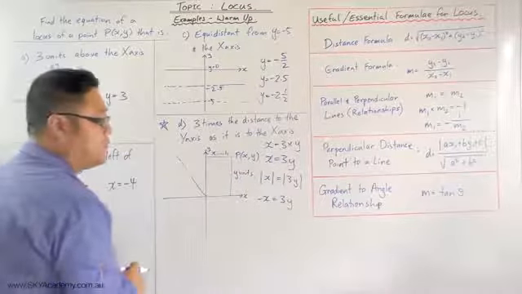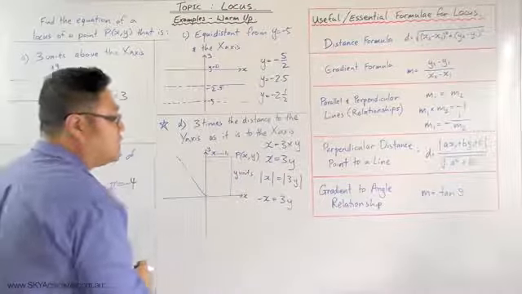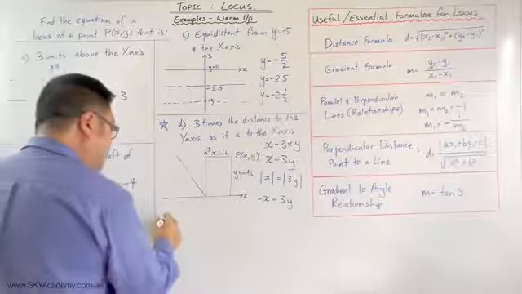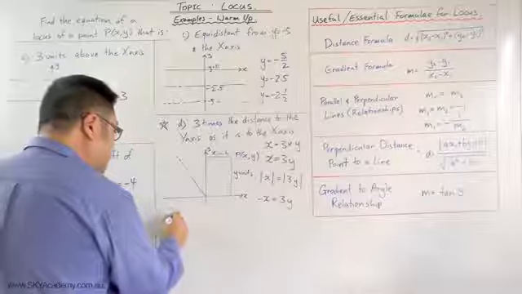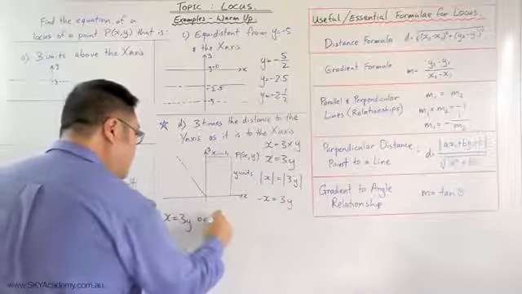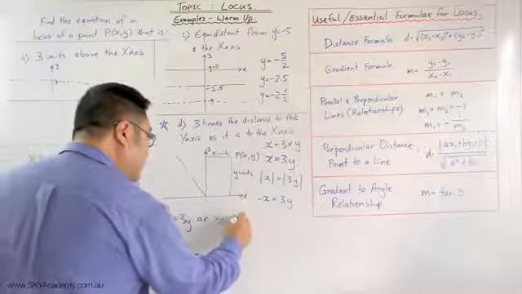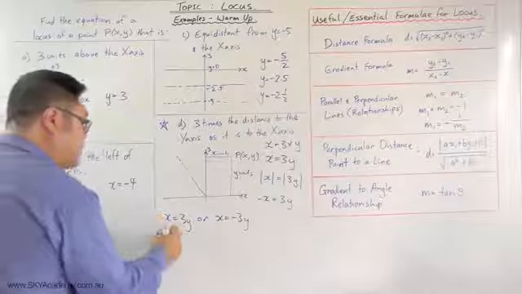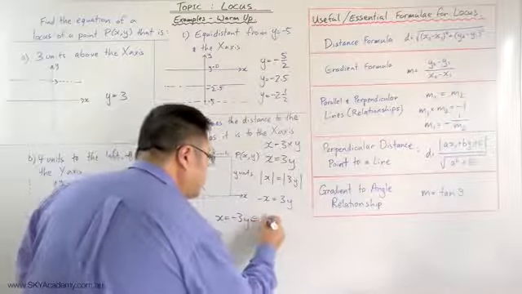So our answer is going to be x equals 3y or x equals minus 3y. That's solution 1.